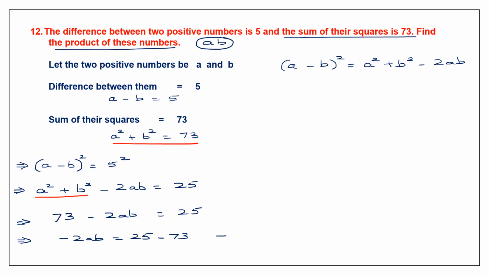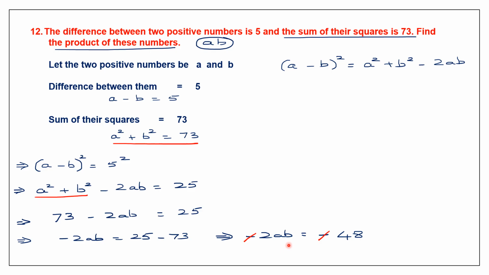So when we continue this, it becomes minus 2ab is equal to now 25 minus 73. Signs are different, so we put the sign of the bigger number. We subtract 73 minus 25 is 48. Now we have a minus sign here and a minus sign here that can be cancelled. Now here 2ab is equal to 48.